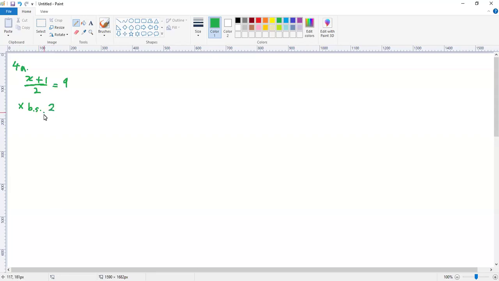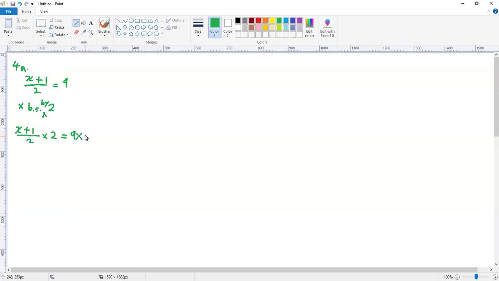So multiply both sides by 2. That's going to leave us with x plus 1. The 2 will take itself out, and that's the essence of multiplying both sides by 2. And then on this other side, you have 9 times 2, which is 18.